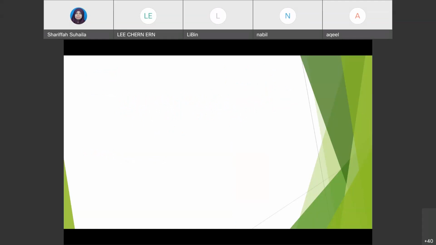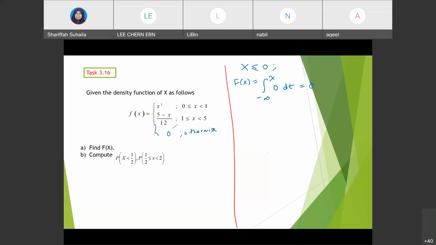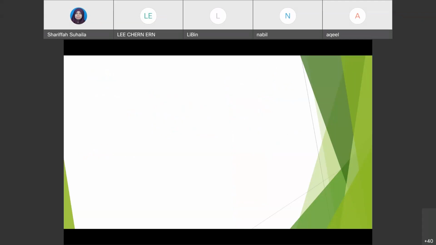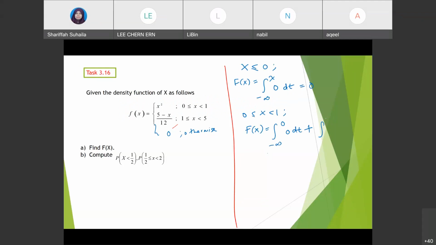Fx. So again, minus infinity up to 0, 0 density. Plus, okay, you will have 0 up to x. Okay, here. So kita ada t square dt. So again, this one is 0.